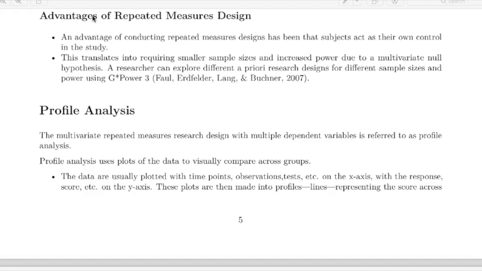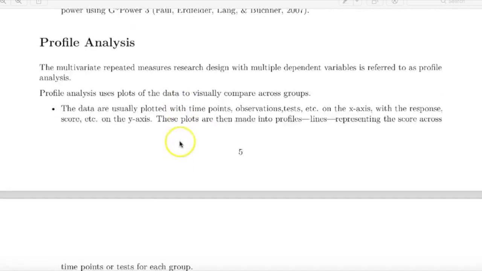And so it's very similar to Hotelling's in that way, and we're going to have to do that type of data manipulation. A big part of doing profile analysis is creating plots to see how the subjects behave over time, how their differences behave over time, or if there are no differences, excuse me.